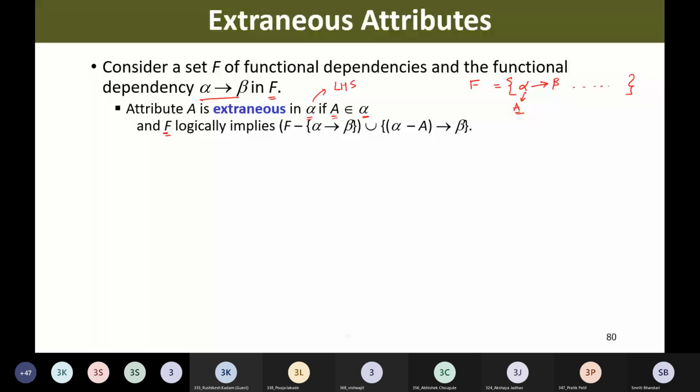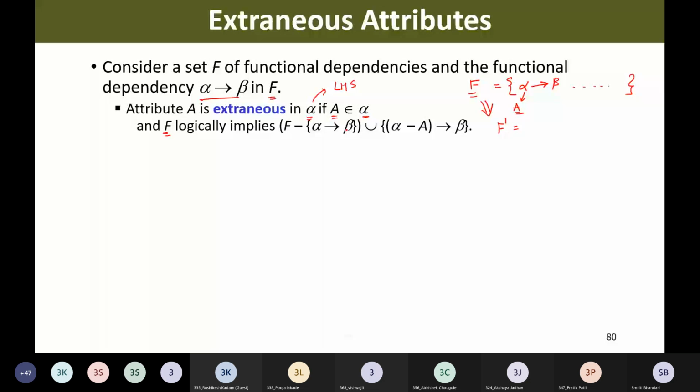Let us assume we are going to find F minus alpha to beta. What does this mean? In this new set, we are not going to have this alpha to beta. We are going to omit this alpha to beta from the original set F.